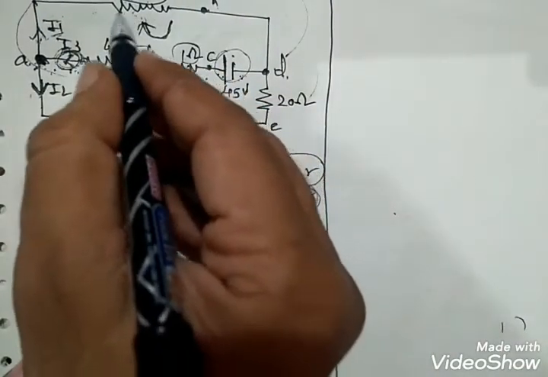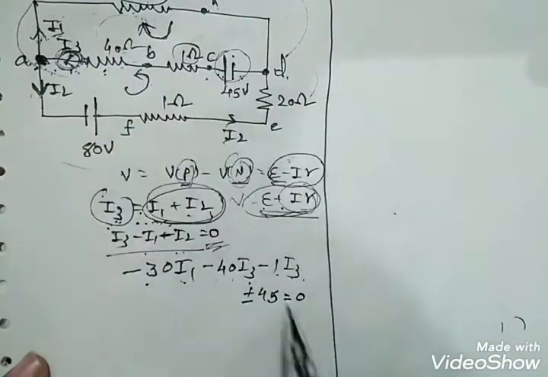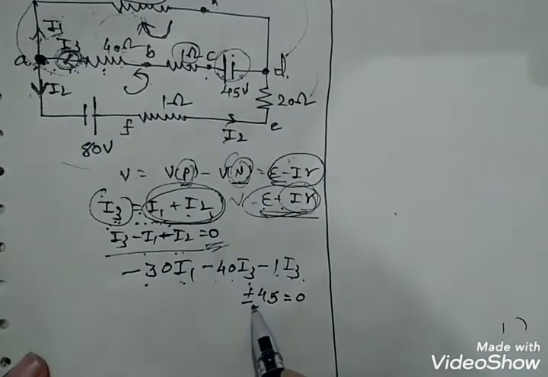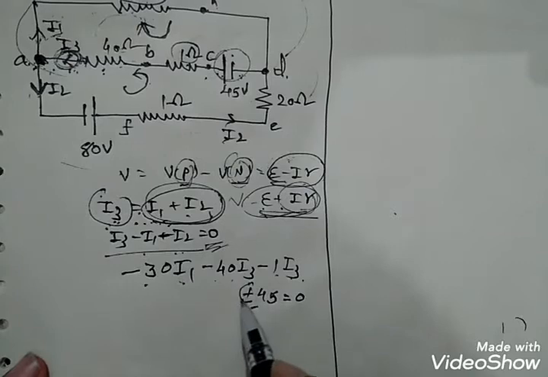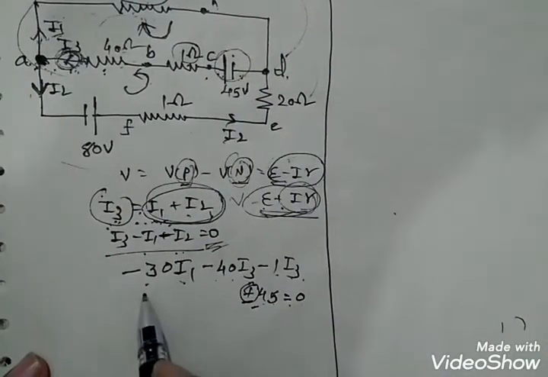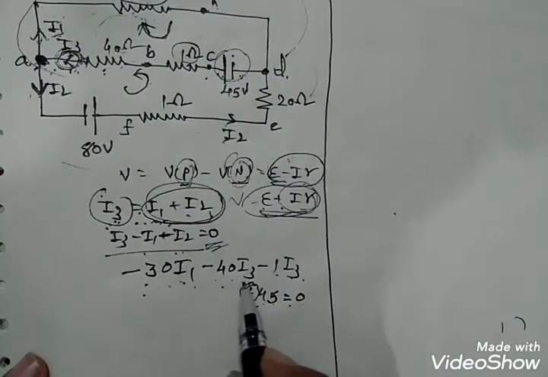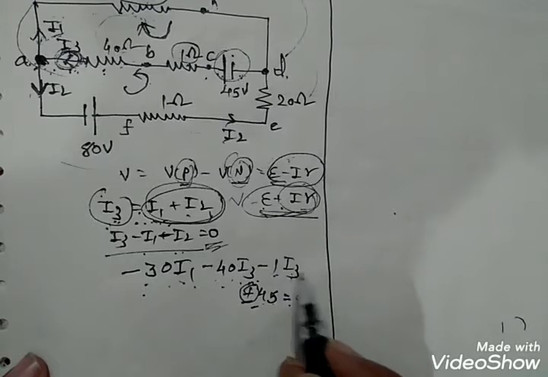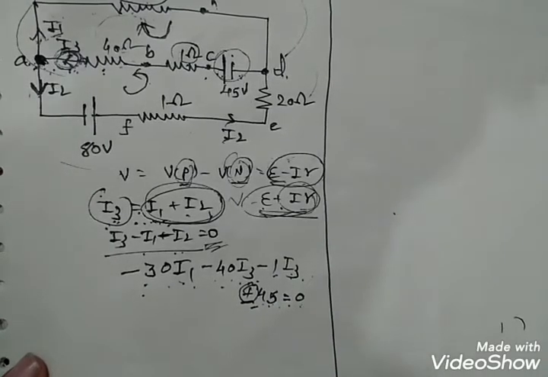But here we move opposite to the direction, so one more negative sign, negative negative makes plus, so plus 45 is equal to 0. So the first closed loop equation is minus 30 I1 minus 40 I3 minus 1 I3 plus 45 is equal to 0.